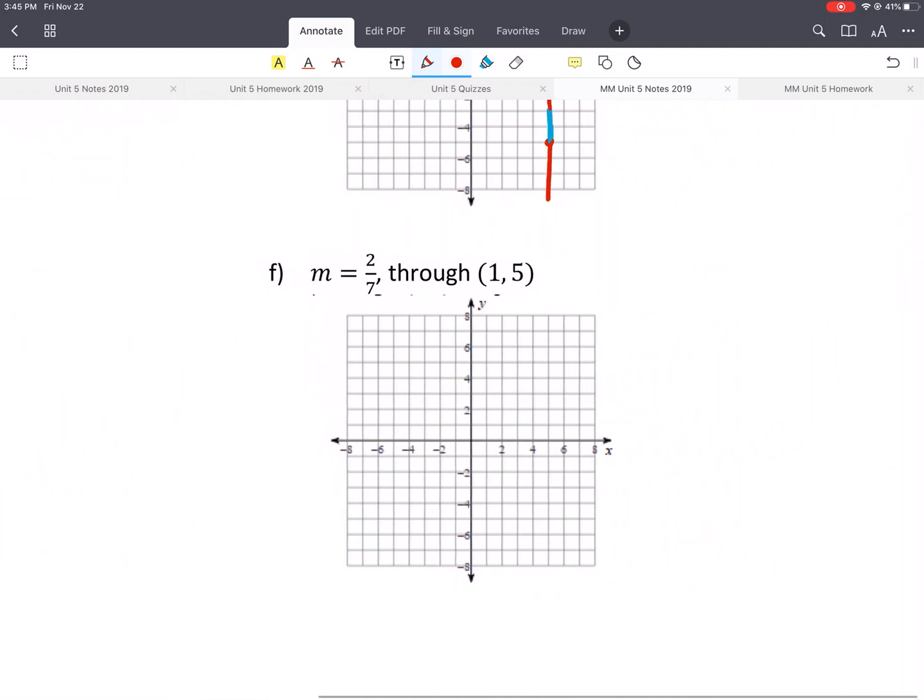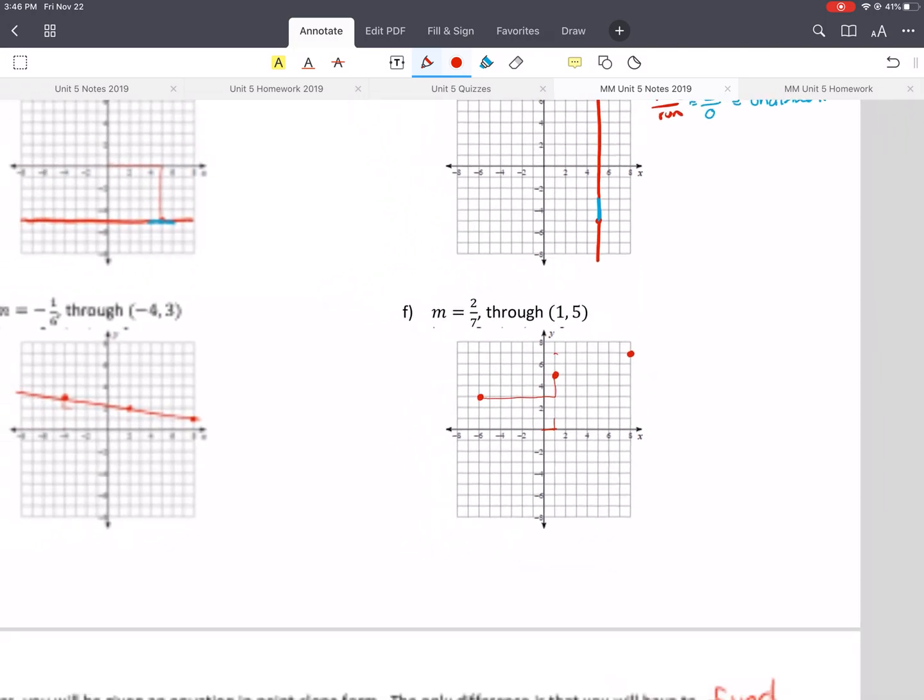Here's another example. Hopefully you tried this before you watched this. You'd go over 1 in the x direction, and then up 5. And then we do a rise of 2 over 7. So there's one point, and then if we're going left, we'd go down and then over 7, which would be right here.